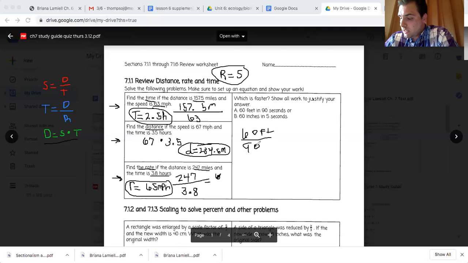And that's A. And B is 60 inches to 5 seconds.